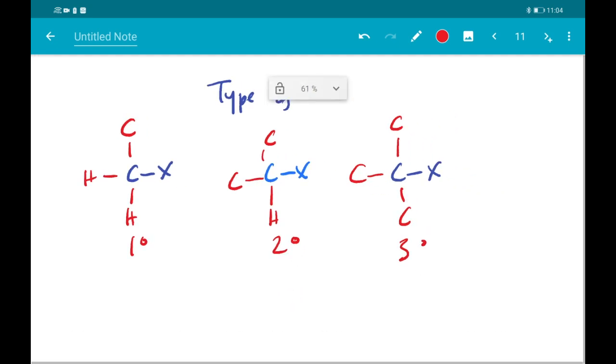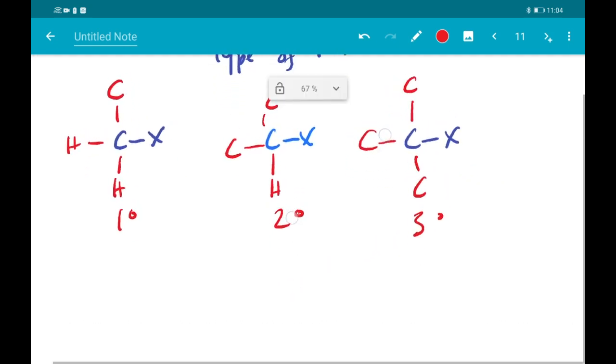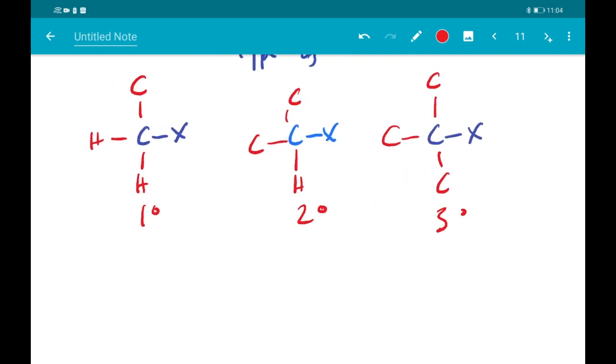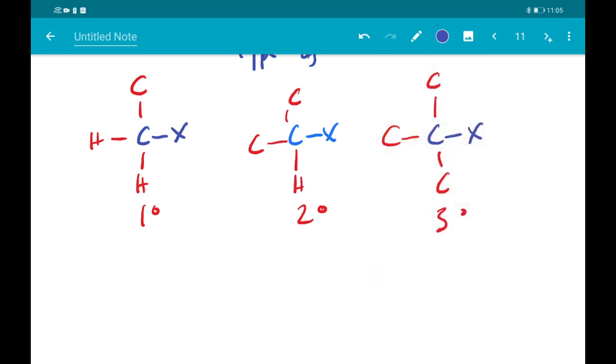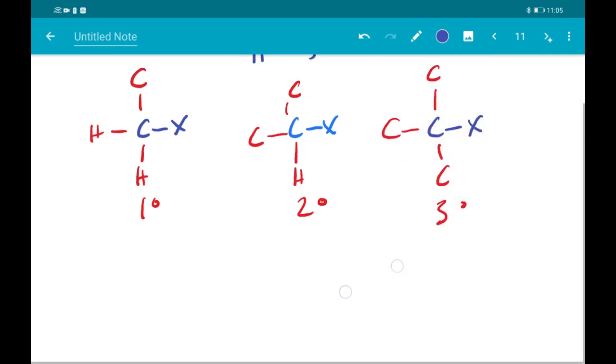Okay, this is a very crucial factor because we have the effect of the steric hindrance. So technically, by looking at the type of the alkyl halide, we can predict whether it's going to undergo the SN1, SN2, E2 or E1.